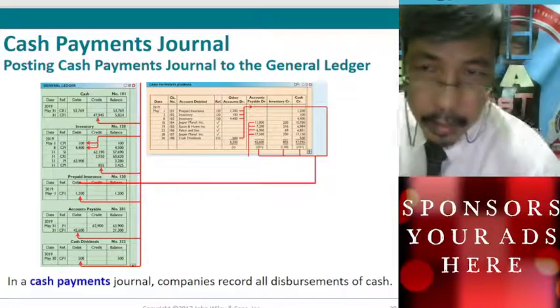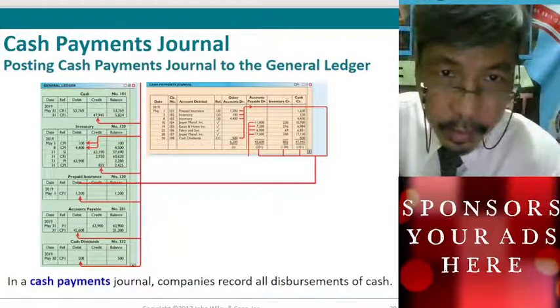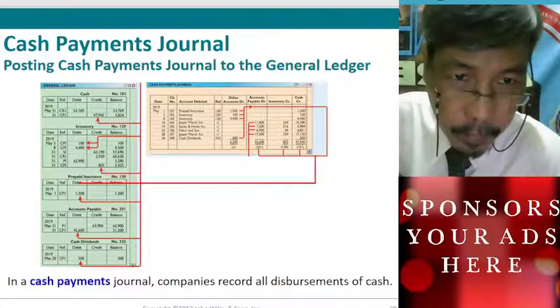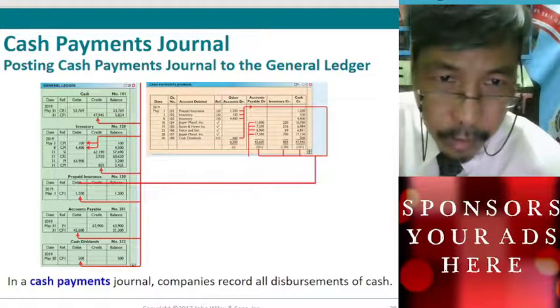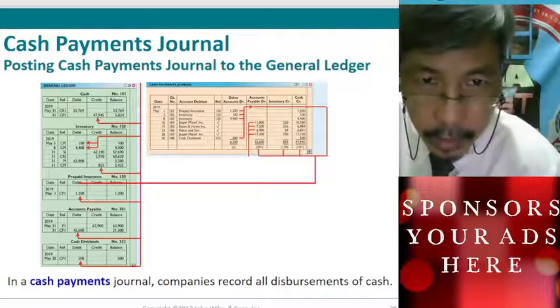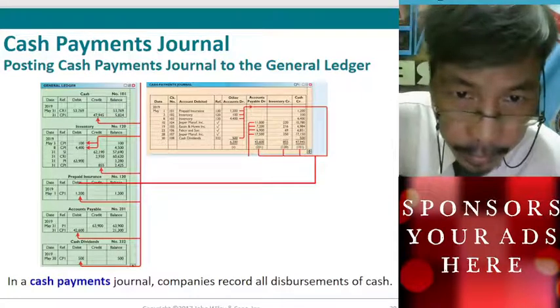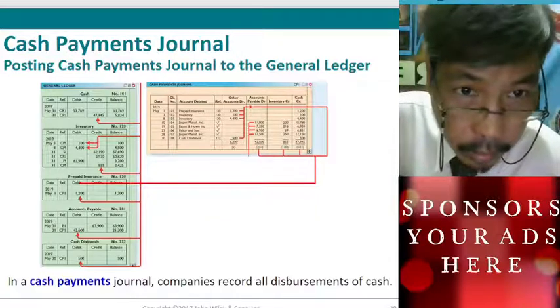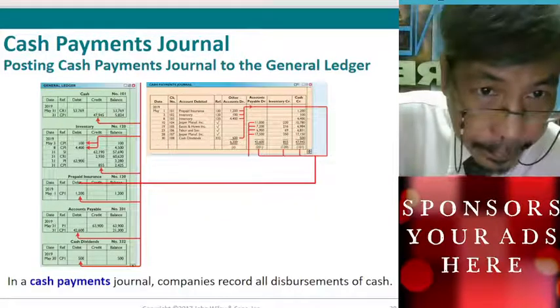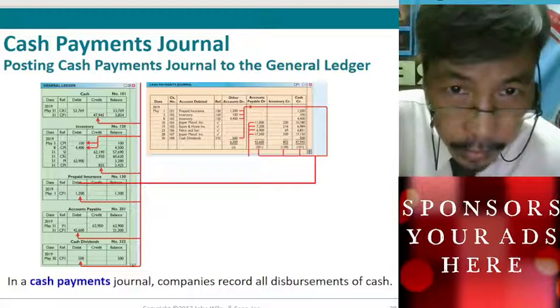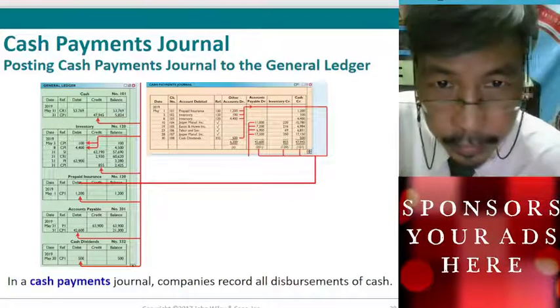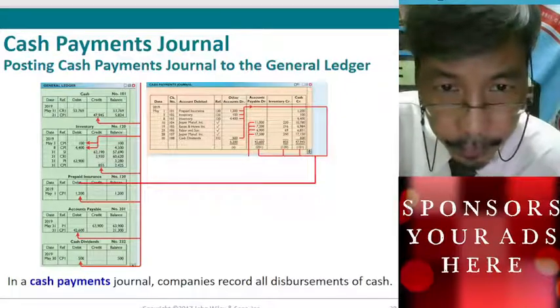That is a detail, but in our cash payments journal, if you total 42,000, the 42,000 will be reflected in the different payable.